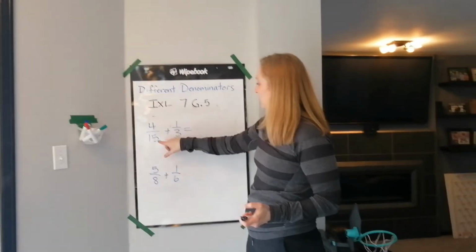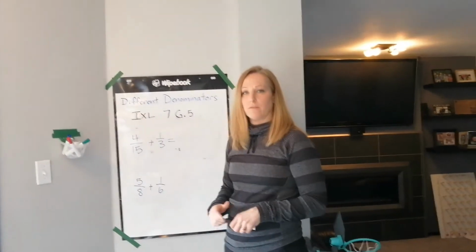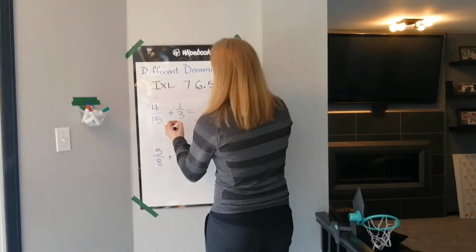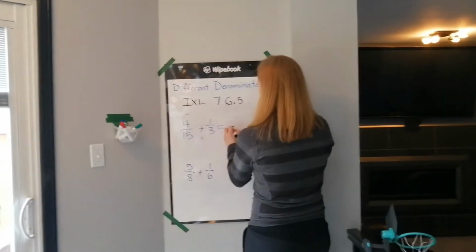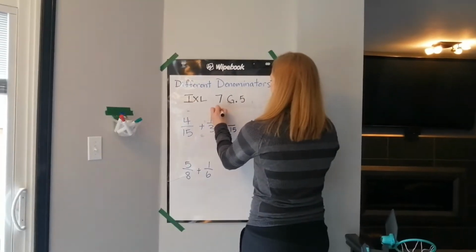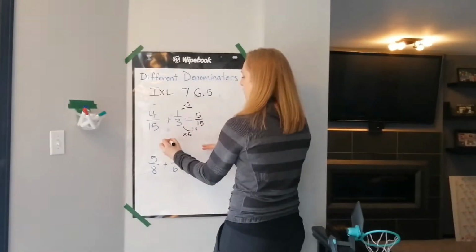So again, when I look at this one, I see the relationship between 3 and 15. I know that 3 times 5 is 15. So I'm going to put my 15ths over here, times 5, times 5. So I have 5 15ths.